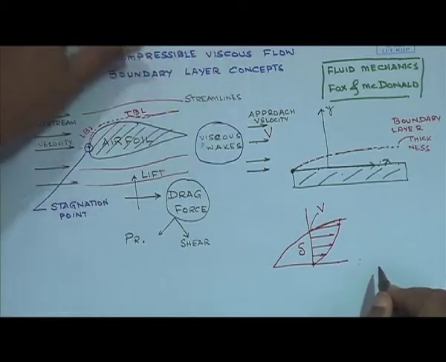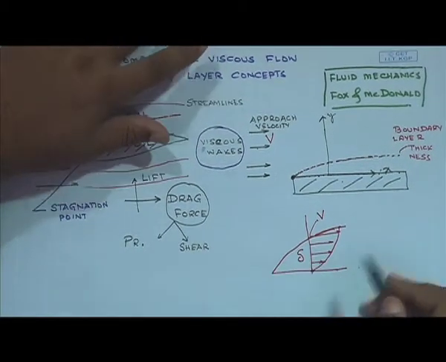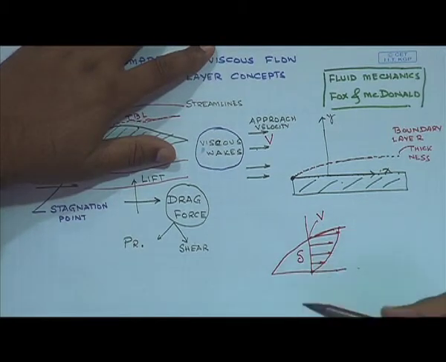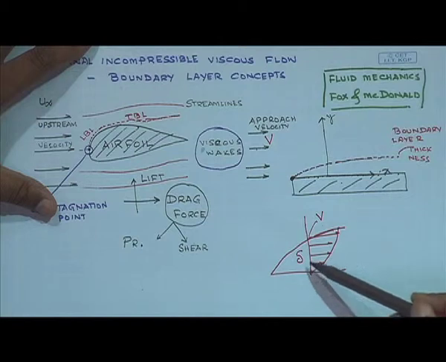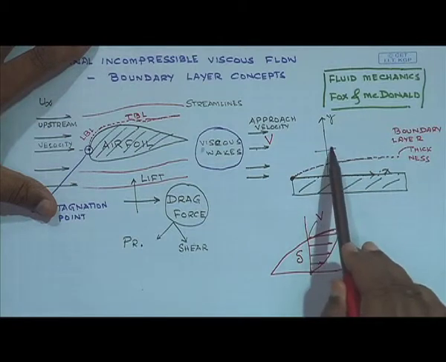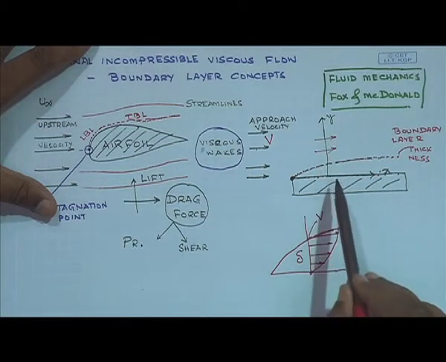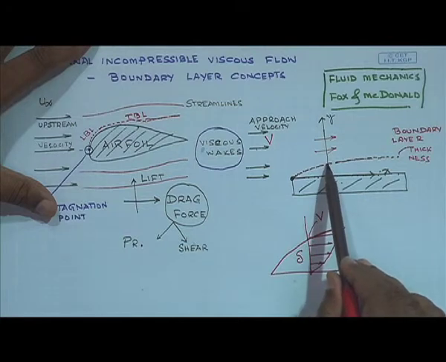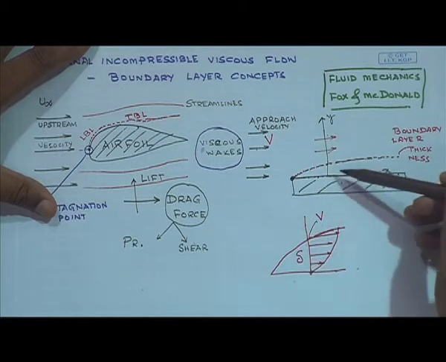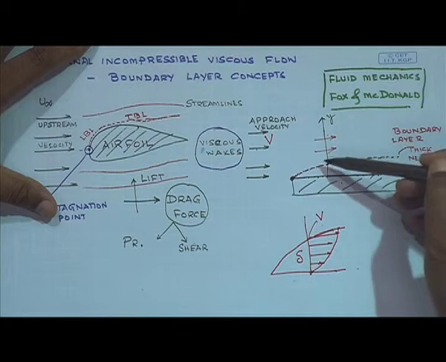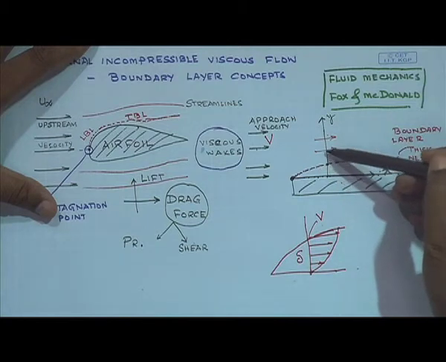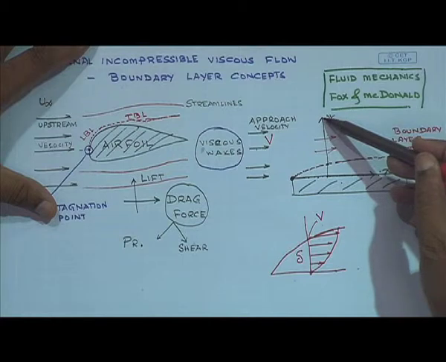This boundary layer thickness, once again, to repeat: the velocity changes from 0 to that of the velocity above it over a certain distance, and beyond this point the velocity does not vary at all. So, from here to here the velocity varies from 0 to V, but once it reaches V at this point, from this point onwards the velocity does not vary.